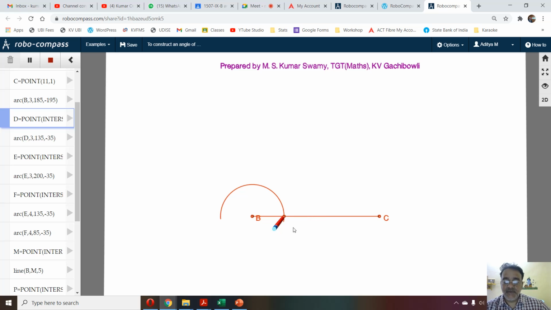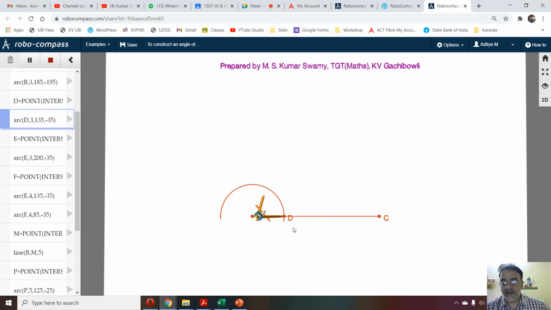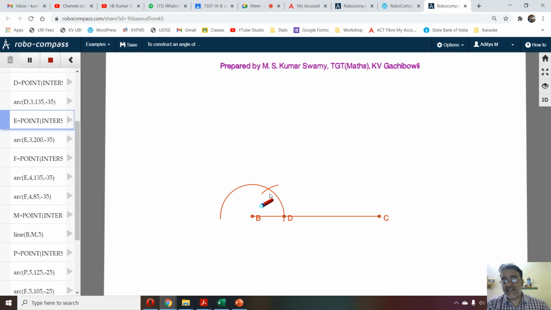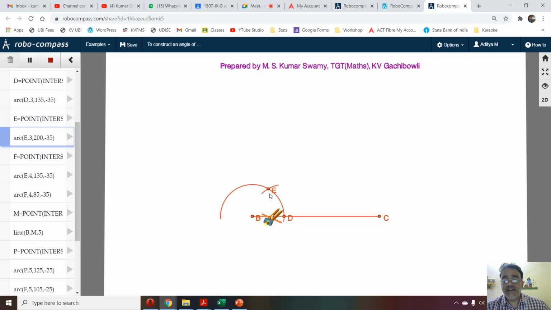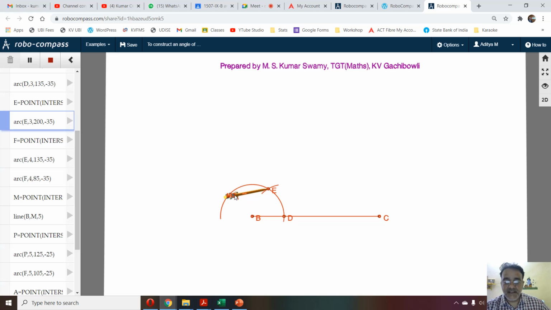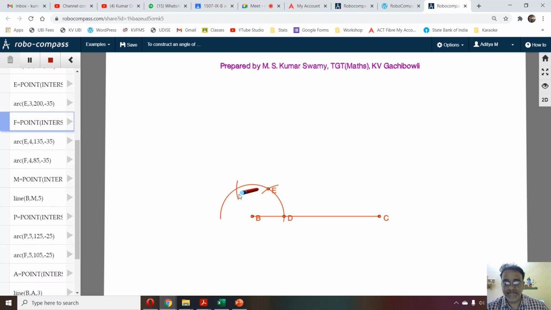And with center D, we'll draw one more arc of same radius which will intersect the previous arc at point E, 60 degree. And with center C, again we will draw another arc of same radius which will intersect the first arc, that is semicircular arc, at point F, that is 120 degree.